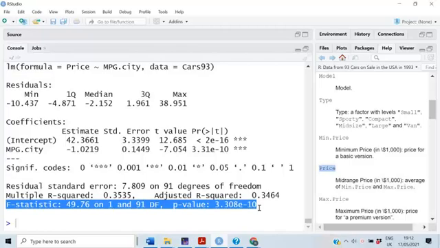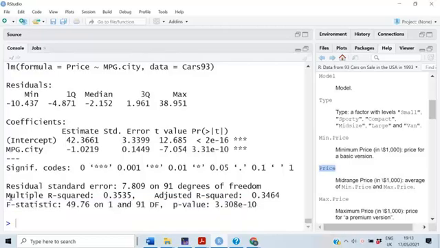The point is this: when you fit a regression, not every regression will be significant. So, for example, this one, let's look at it. You remember your coefficient of determination in 223. This is it, multiple R squared. So what does this mean? Only 35% of the variation in the size of the car is explained by the regression on the mass of the car.